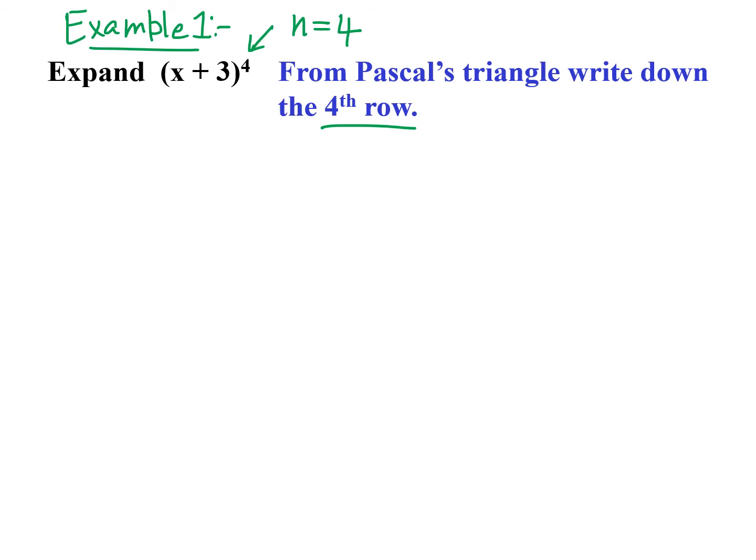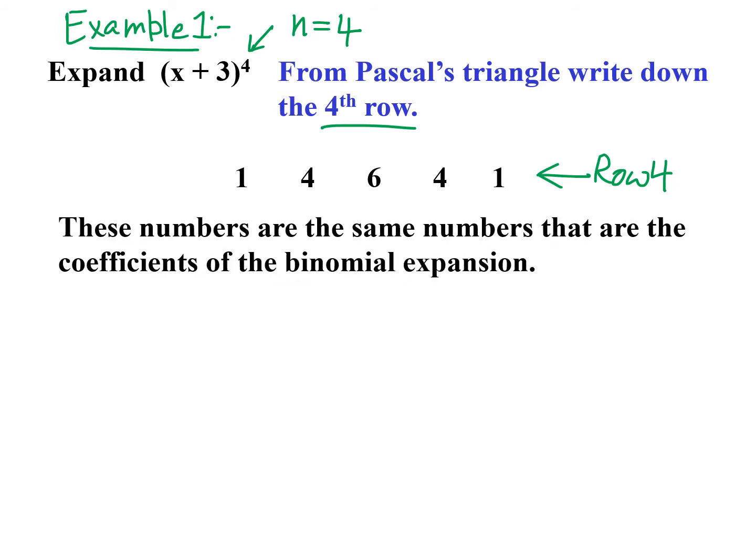So let me go back and show you the coefficients. If you go to row 4 of the Pascal triangle, the coefficients are 1, 4, 6, 4 and 1. So these are going to be the binomial coefficients in the expansion of x plus 3 to the power 4. So looking at the power, you can decide which row you will take to write the binomial coefficients.